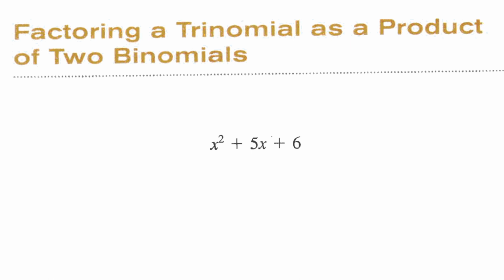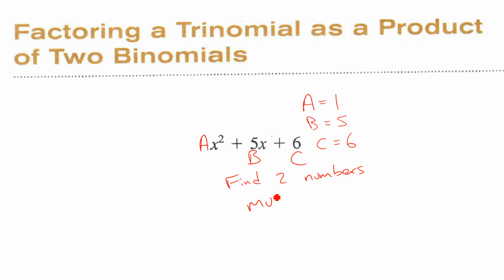All right, so factoring a trinomial is a product of 2 binomials. So here's our trick on this one. We're going to write this as a, b, c. These are your coefficients. So in this case, your a is 1, your b is positive 5, and your c is 6. Your job is to find 2 numbers that multiply to AC.